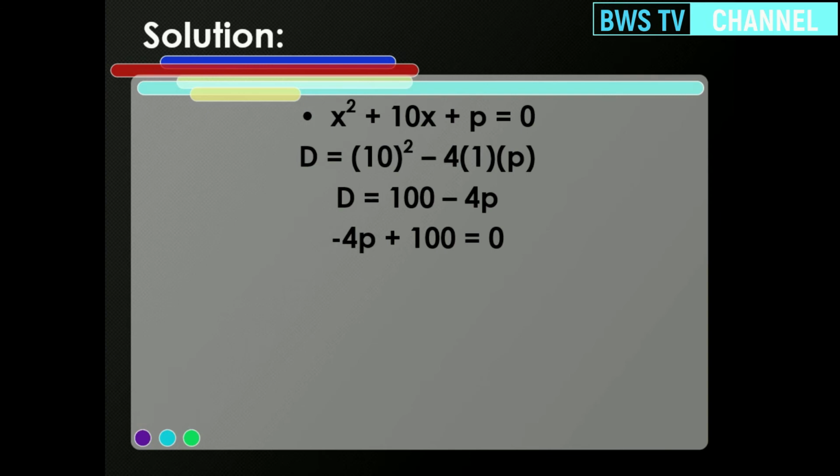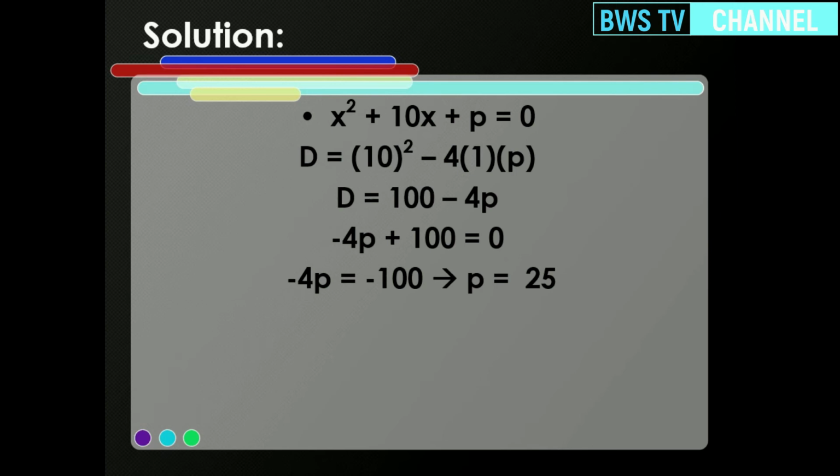Next is transpose 100. So negative 4p is equal to negative 100. And then, remember, there is a number beside variable p, so we need to eliminate it. Divide by negative 4. Negative 4 divided by negative 4, the remaining will be p. And negative 100 divided by negative 4 will be 25. So the answer is p is equal to 25.